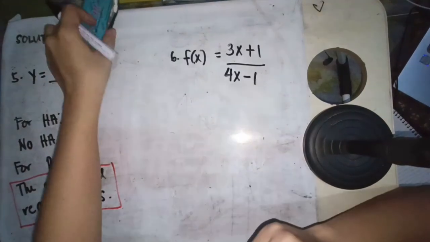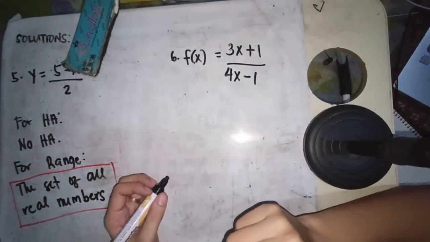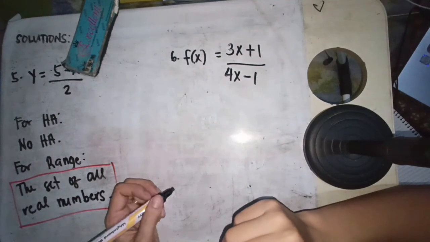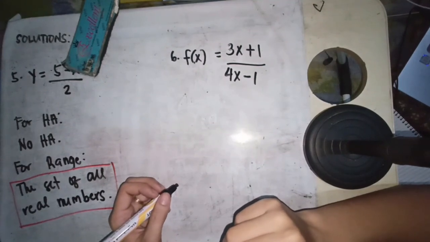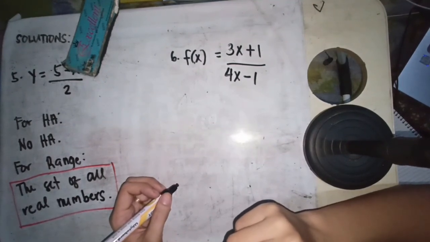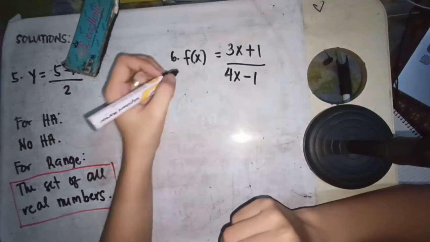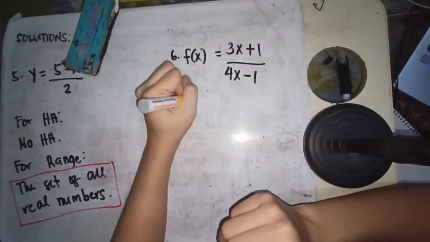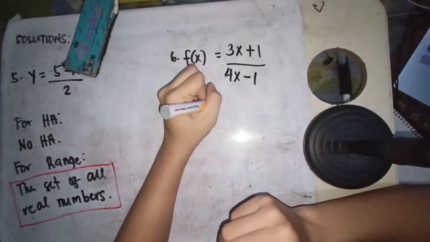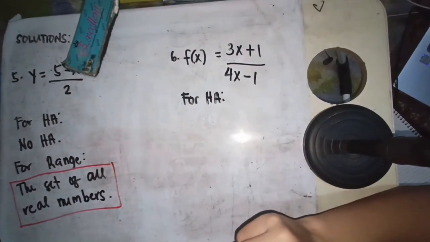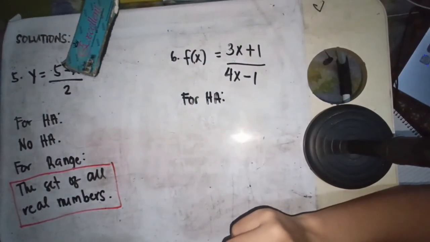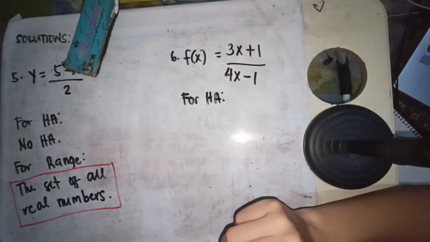For our last example, we have the given f of x that is equal to 3x plus 1 over 4x minus 1. So again, in identifying the range of a rational function, ang una nato i-identify will be our horizontal asymptote. Now again, in finding the horizontal asymptote, ang tan-aw lang nato are the degrees of our numerator and denominator.